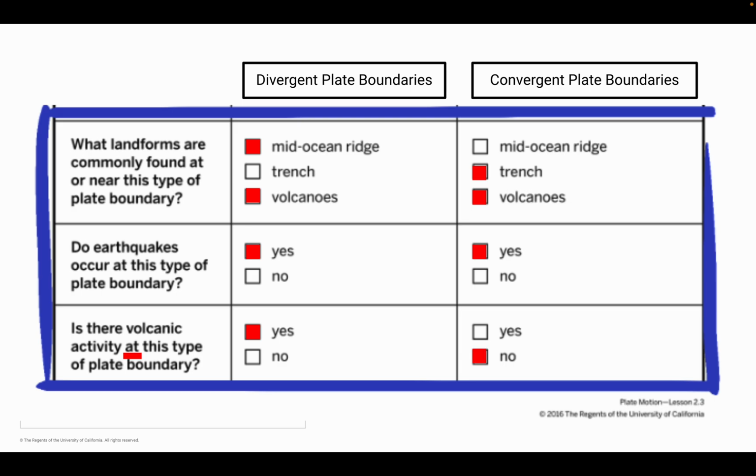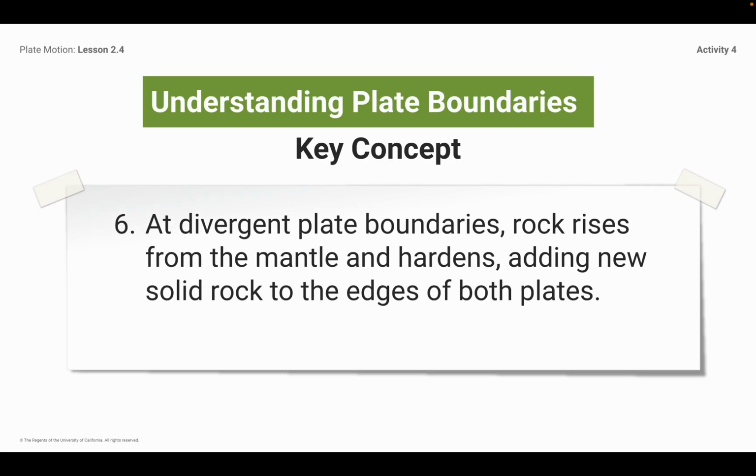So the answer is no. The great thing is you've got some background information, because later I'm going to give you information about the plate boundary between South America and Africa so you can come back here and determine which type of plate boundary that is. So it's really important to revise this so you can use it later on. All right, we've got 2 key concepts to go over.